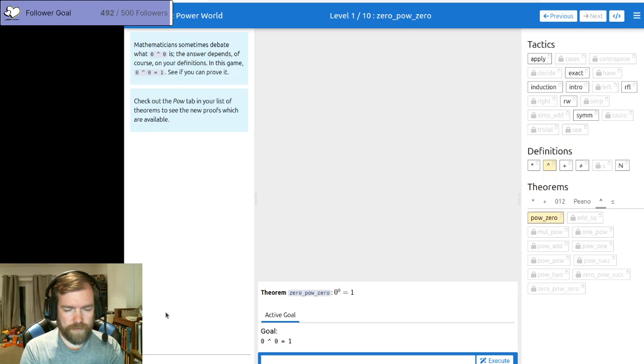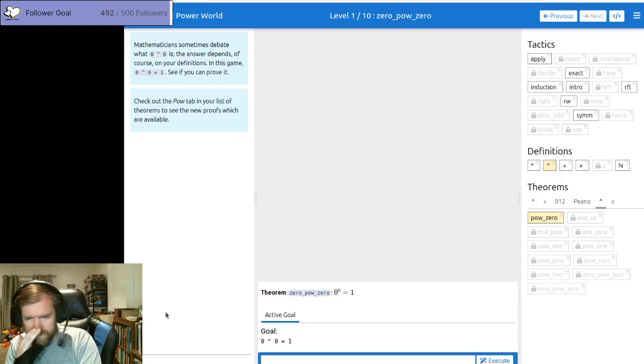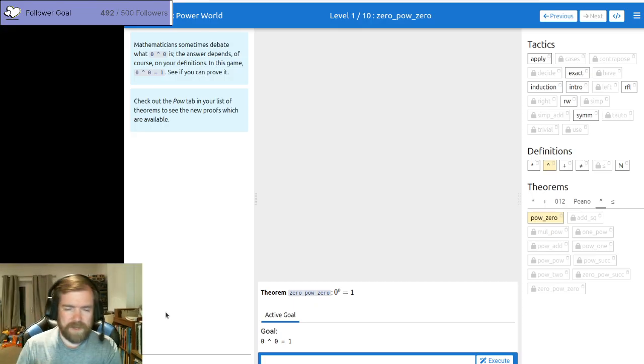Not every 0 to the 0 is going to be equal to 1. Some 0 to the 0s are going to be 0, and some are, I believe, going to be infinite. Maybe not. No, because if it's going to 0, it's not. Okay, never mind. Some can be 0, some can be 1.